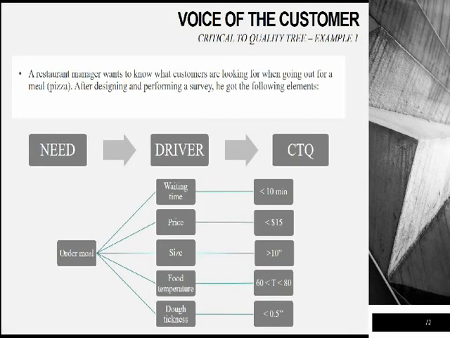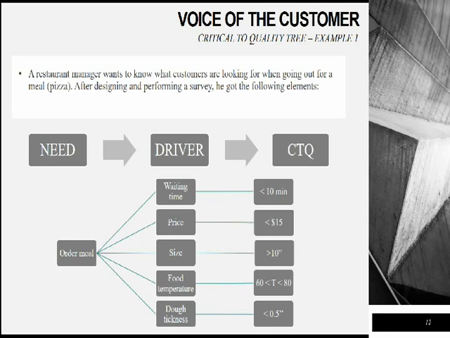In this first example, we're going to talk about a restaurant manager who wants to know what customers are looking for when going out for a meal, in this case a pizza. After designing and performing a survey, he got the following elements. As a need, the customers want to order a meal. The drivers are waiting time, price, size of the pizza, temperature, and the dough thickness.